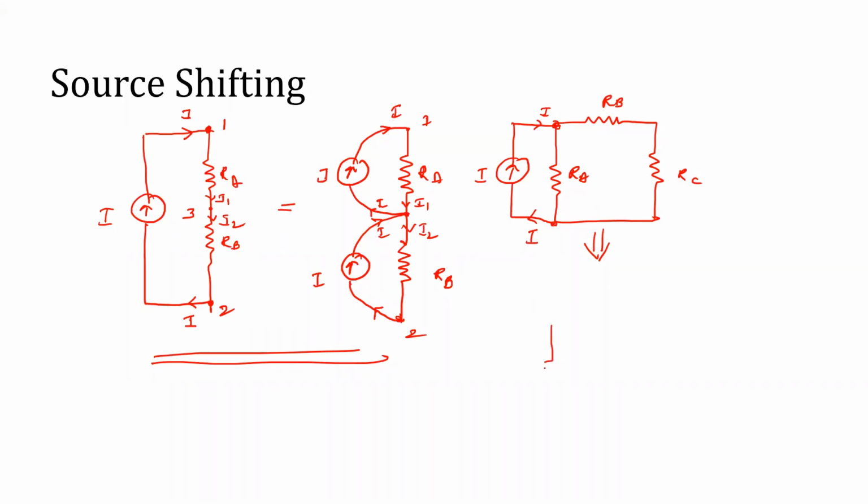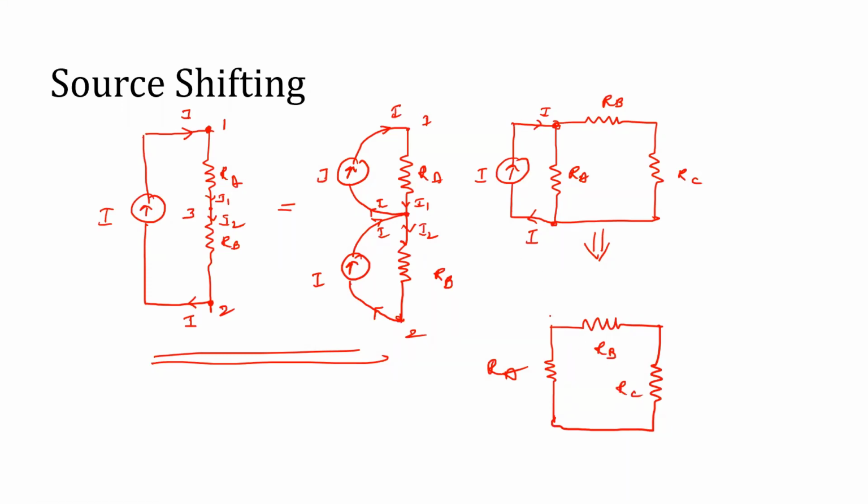So what I will do, RA, RB, RC. Instead of this, I draw it here, and RC.